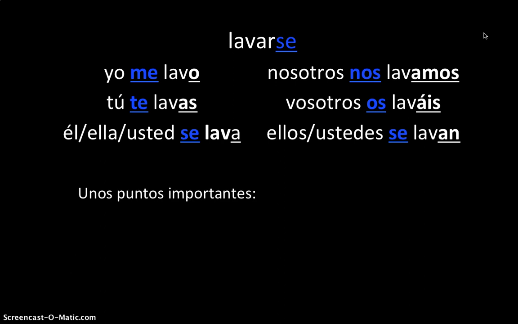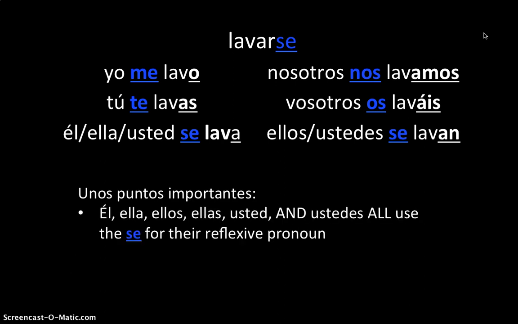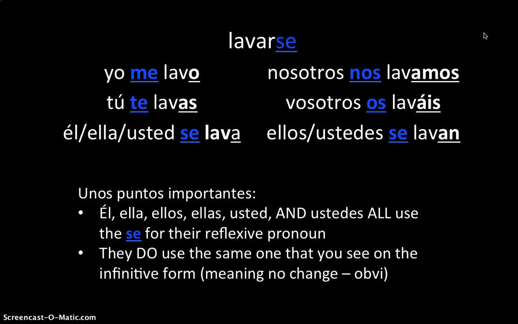Unos puntos importantes. Some things I want to draw your attention to. First, notice, él, ella, ellos, ellas, usted, and ustedes all use the se for their reflexive pronoun. Okay? You can see that very clearly. All use se. So that keeps it kind of easy. You only have one for those 5 words. They do use the same one that you are seeing in the infinitive form. That is the same word.